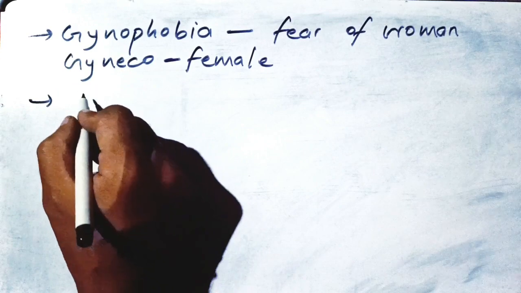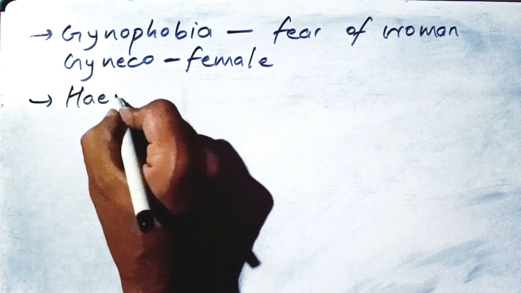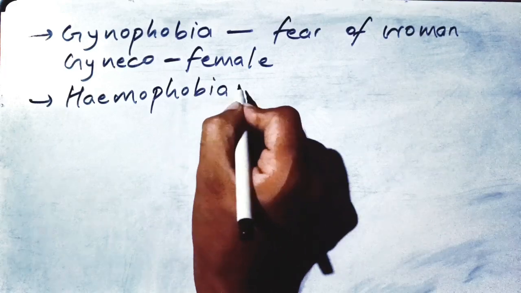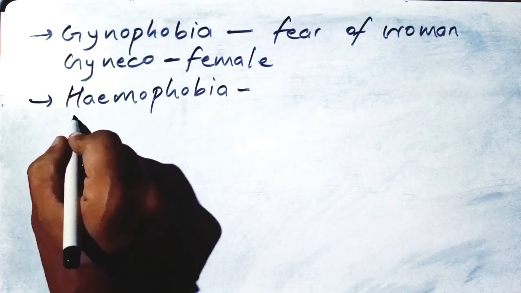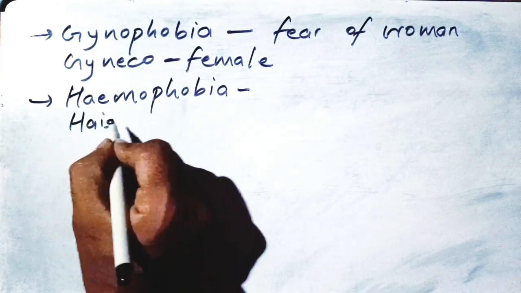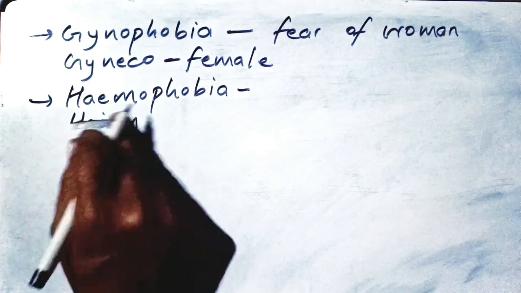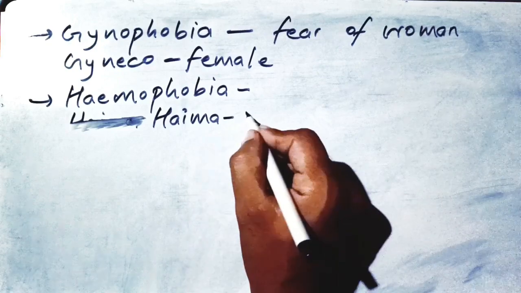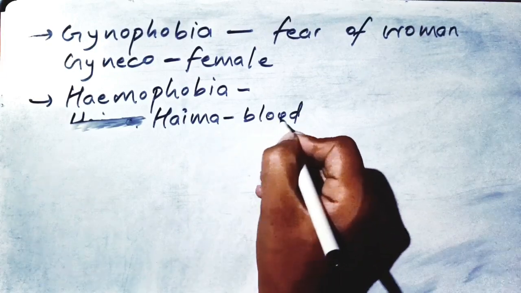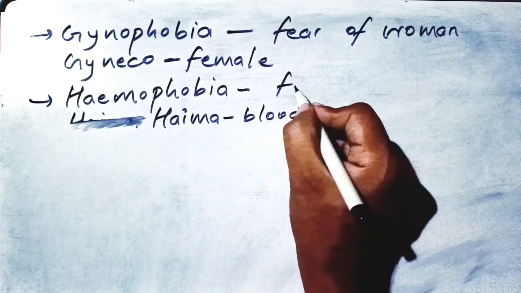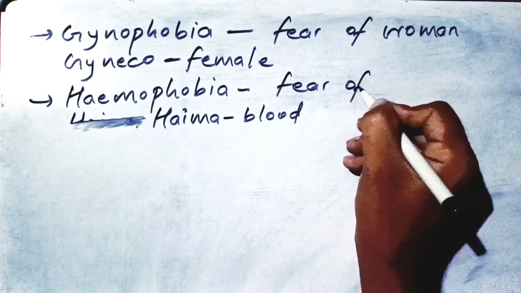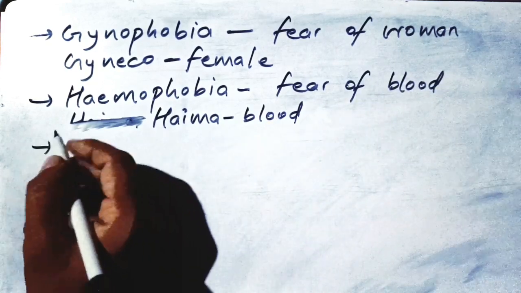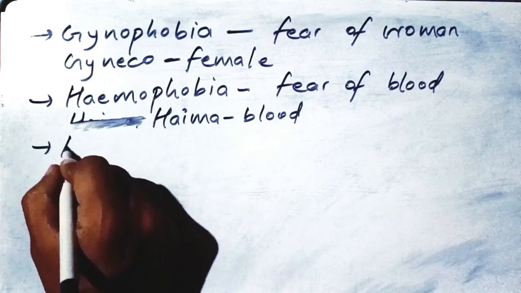Next is Hemophobia. Hemo roots to haima, meaning blood. Thus, Hemophobia means fear of blood. Next is Haptophobia.